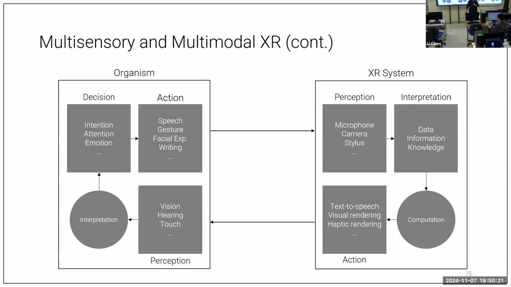Okay, so for the organism, of course, as I mentioned, you have to consider both perception and cognition, right? So for example, this is about perception, right? I should not draw on this display, otherwise it cannot be recorded. Okay, so this is about vision, hearing, touch. So this is all about perception, right?